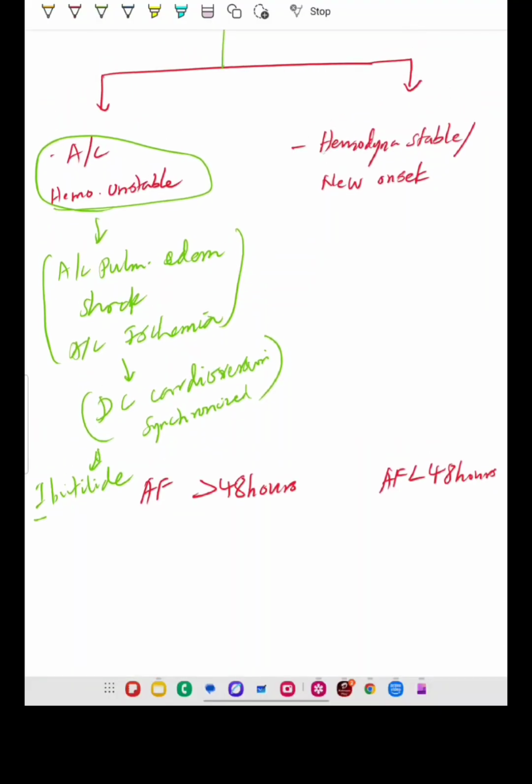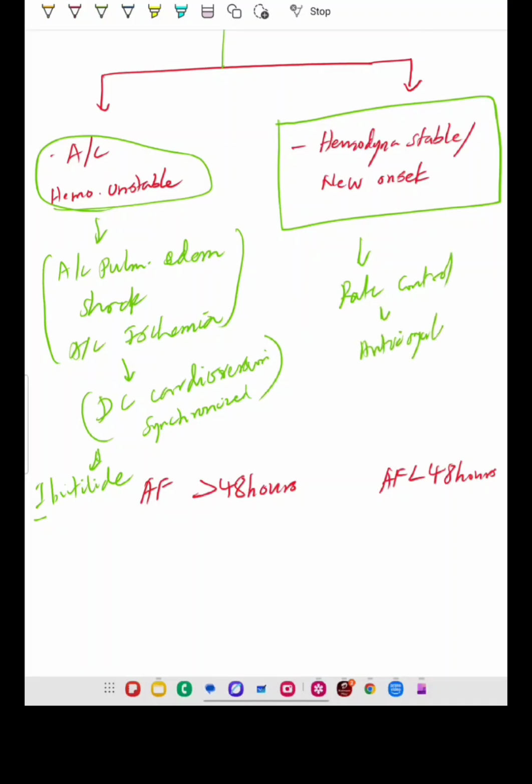Now, what if it is a hemodynamically stable patient? Then you can go in for strategies like rate control, anticoagulation, and rhythm control. Perform rhythm control based on the duration of your AF.